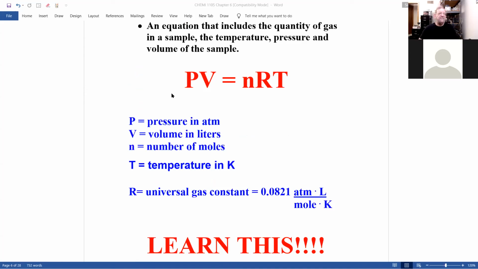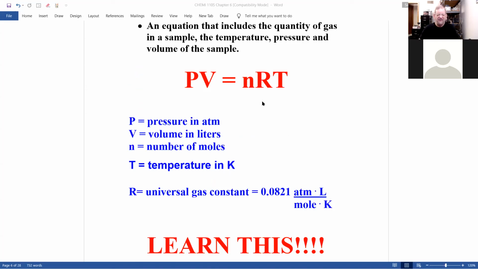Now, PV equals nRT. P is pressure, always in atmospheres. V is volume, always in liters. N is the number of moles. And T is temperature in Kelvin.